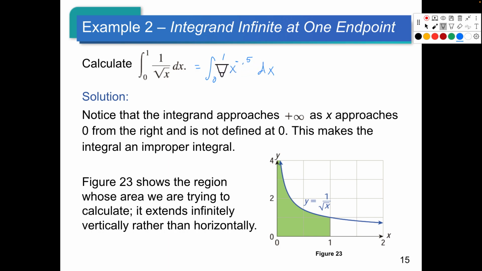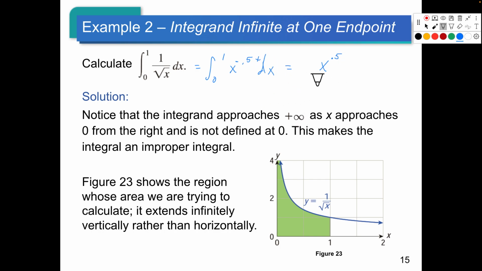So x to the negative 1/2, because a square root is a 0.5, it's a half power. It's in the denominator, so we bring it up, it's negative. How do we integrate? We add 1. So negative 0.5 plus 1 means we're going to get x to the positive 0.5 power.